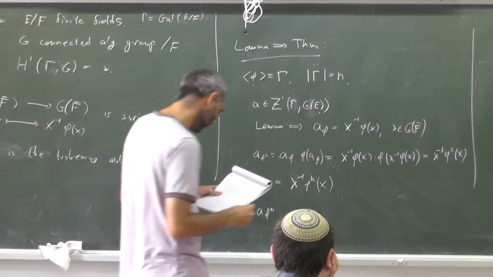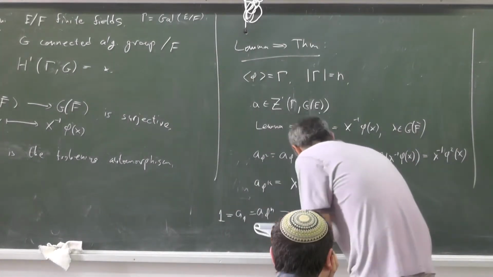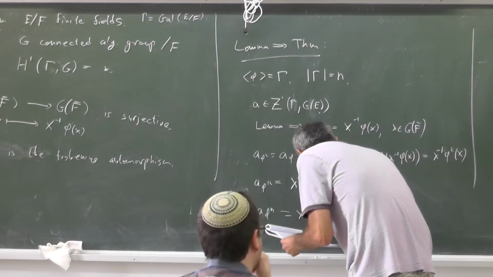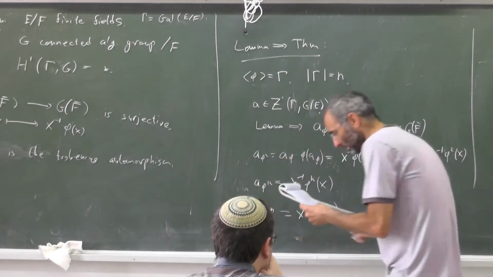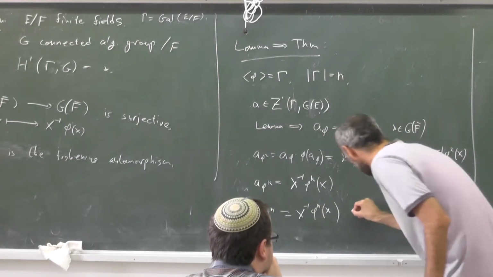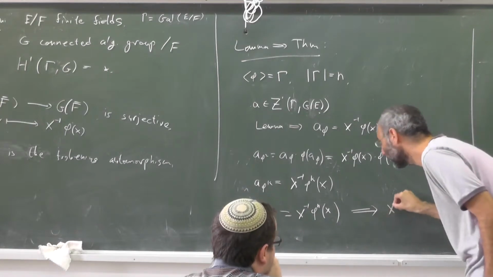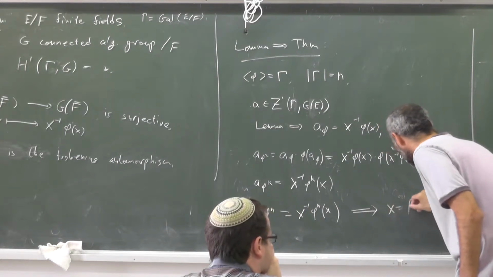On one hand, on the other hand, by this induction, it's x inverse phi n x. But then you see that x is phi n x.